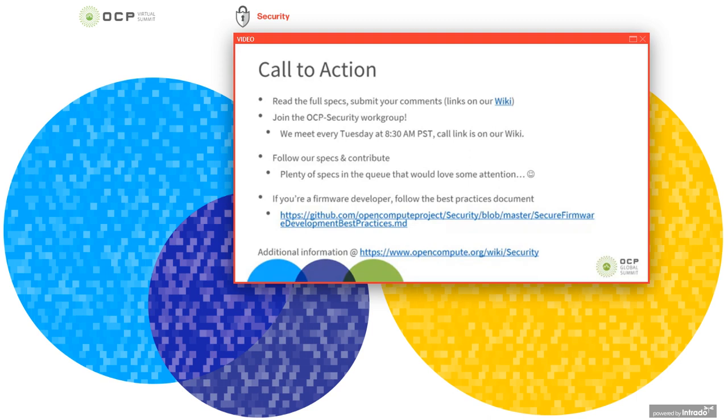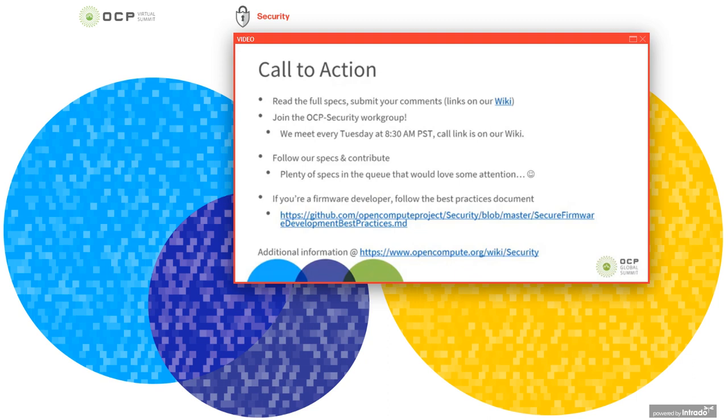You are most welcome to join the OCP Security Workgroup. We meet every Tuesday, 8:30 a.m. PST. Just call in and start contributing. If you have cycles and want to contribute to the specs, just come in and help us. There are many specs we decided not to invest in for now due to capacity. I'm sure we can do more, so help is appreciated.